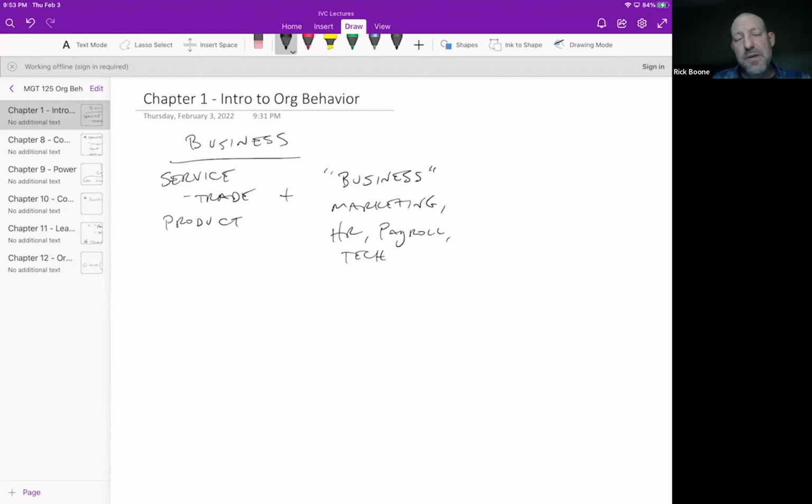Especially when we look at this business piece and all of the business stuff that goes on behind the scenes, usually that people don't see, the customers rarely interact with. Behind all of this stuff is people, right? The person doing marketing, the person running human resources, the person that's helping you with your computer.